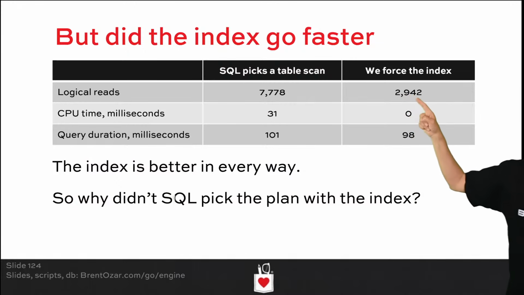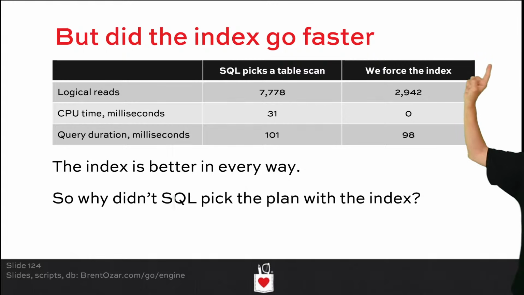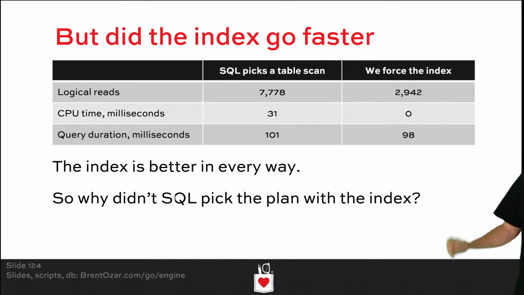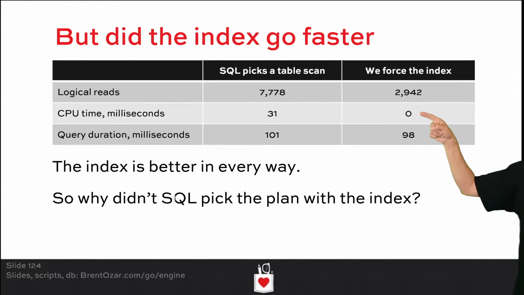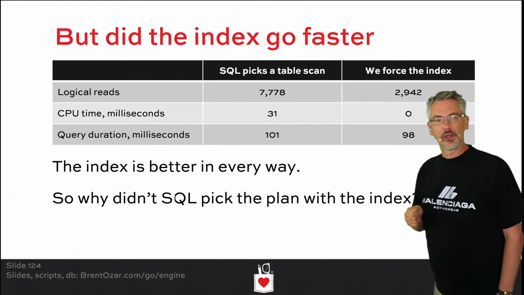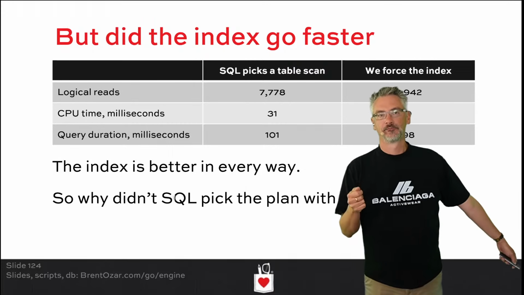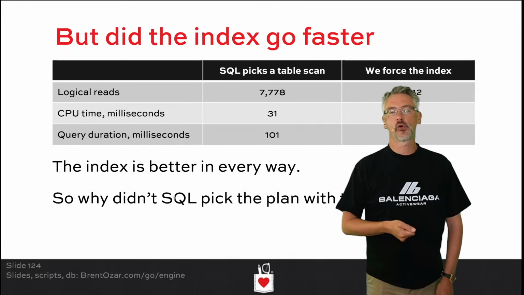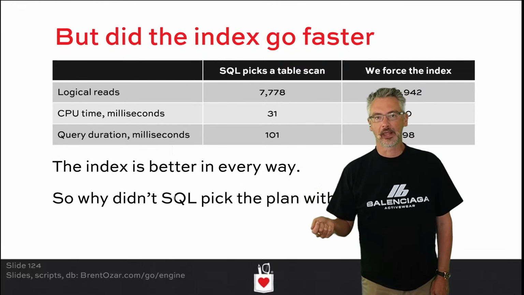And it's faster. If I force the index and tell SQL Server, look, I want you to use the index, it ends up doing less 8K page reads and it uses less CPU time because it's not doing the sort. With hinting the index, SQL Server performs better in every way.